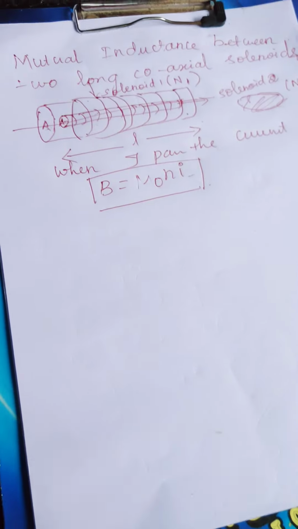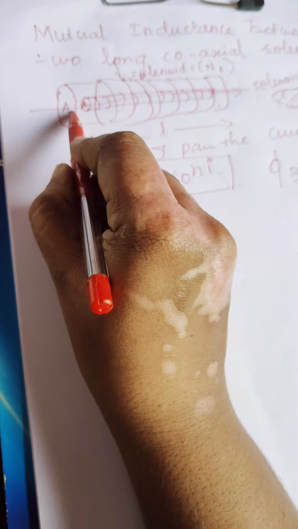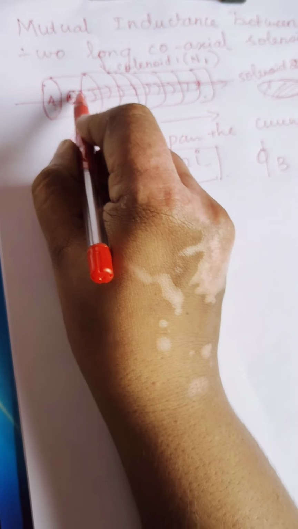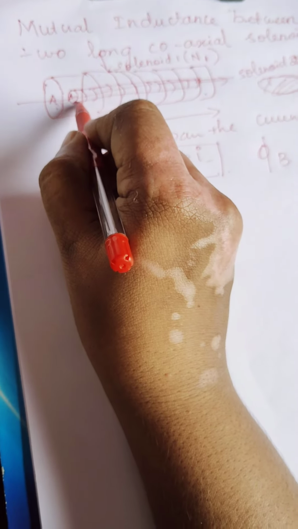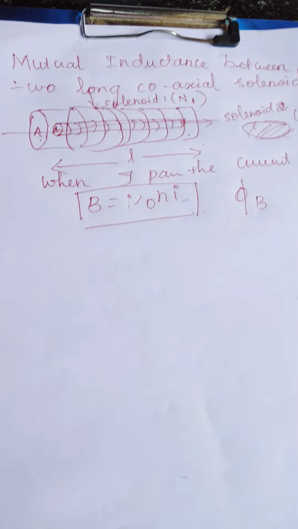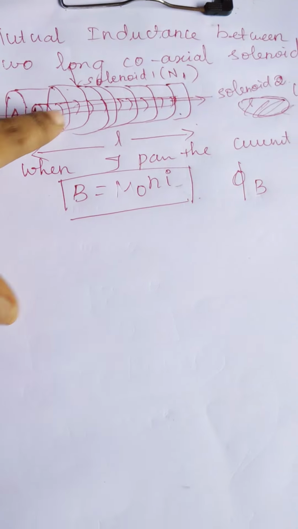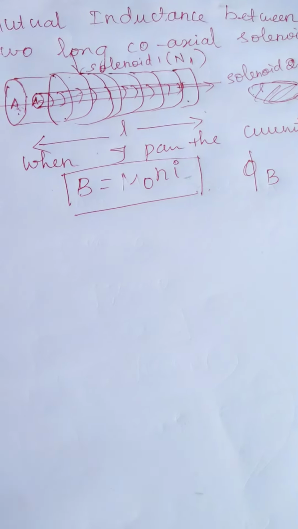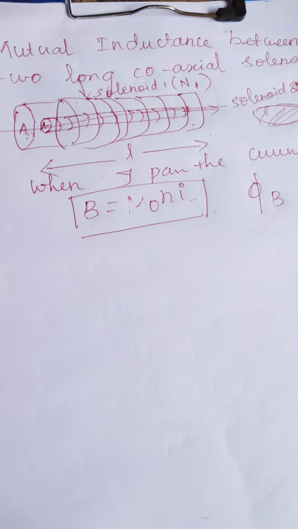Now, what is meant by magnetic flux? Here I will have the magnetic field lines, and these field lines are going to cross a selected area. When I have the solenoid like this, inside the solenoid I will have a uniform magnetic field. Outside the solenoid I will not have a uniform magnetic field.